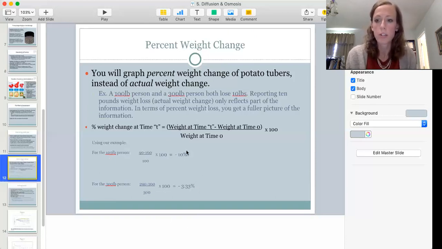These are two different stories that are more accurately told by giving the percent weight change instead of the actual weight change. You'd say they both lost 10 pounds, but it shows a more clear picture by doing the percent weight change. So that's what we're going to have you do, calculate and graph the percent weight change of our potatoes from the starting point to the ending point of our experiment.